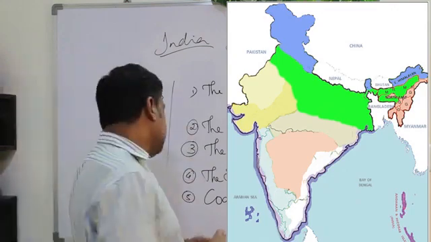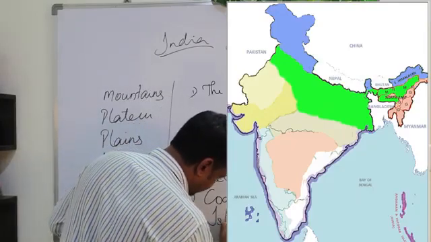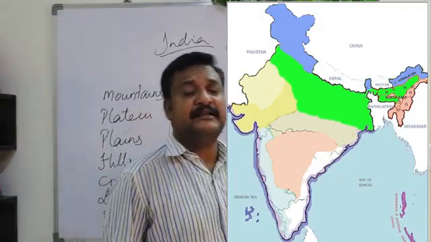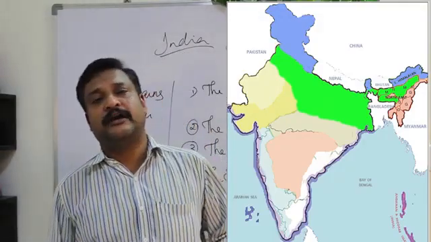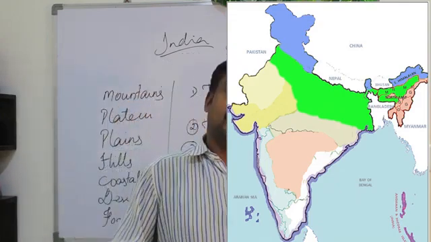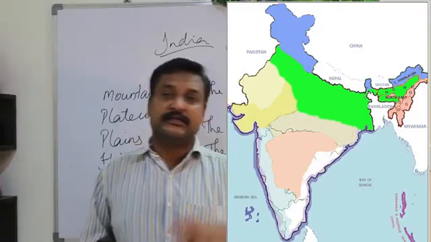Right? And then the last we have is islands. So what do we mean by an island? An island is a land area which is covered by water on all four sides. And we have two island groups.